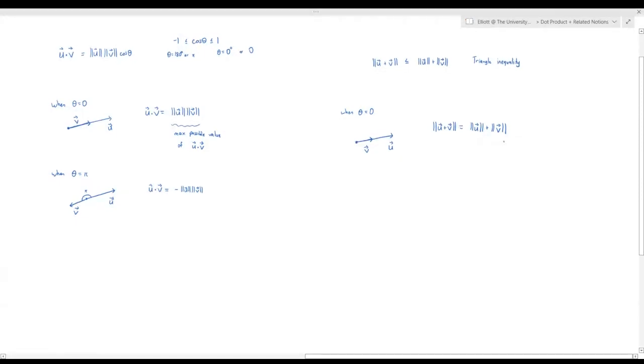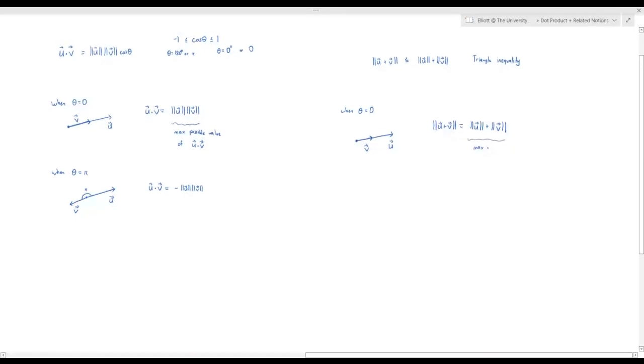So this would be the maximum possible value of the norm of the sum u plus v. So the maximum is achieved specifically when the angle between your two vectors is 0, so when they're collinear like this, or parallel, to be more precise.